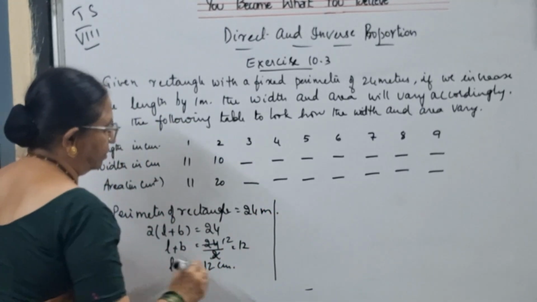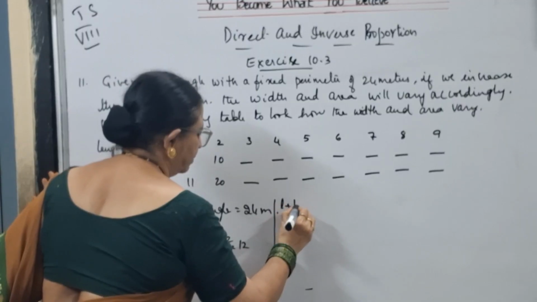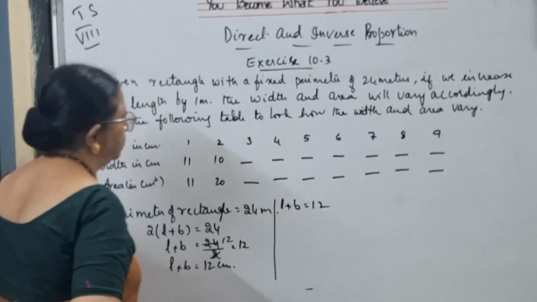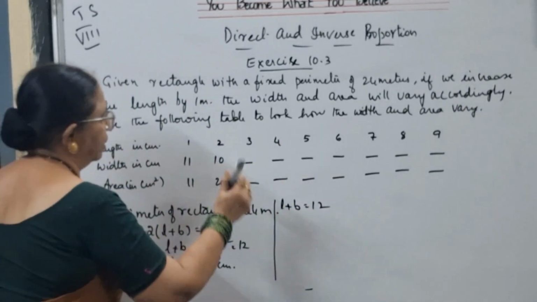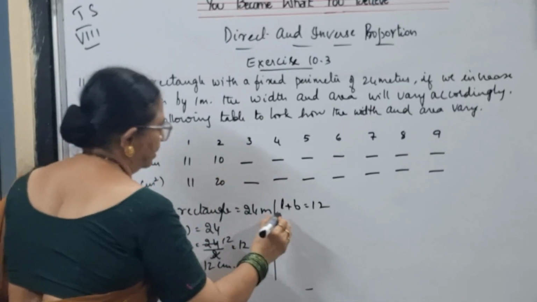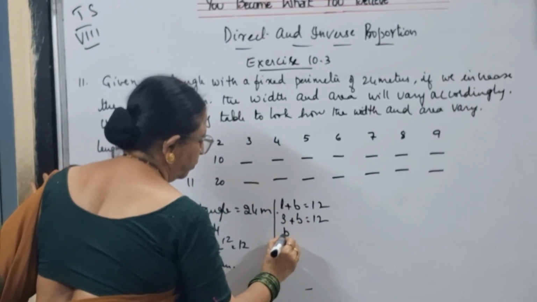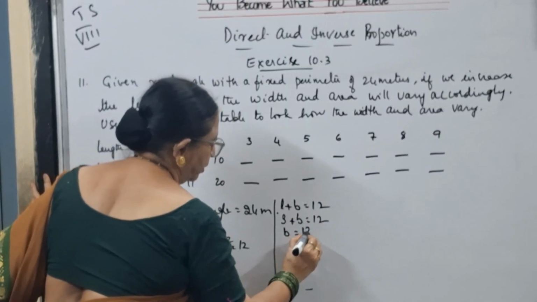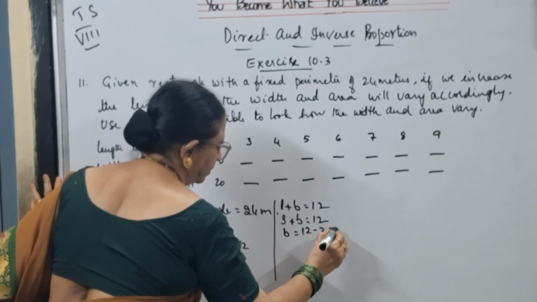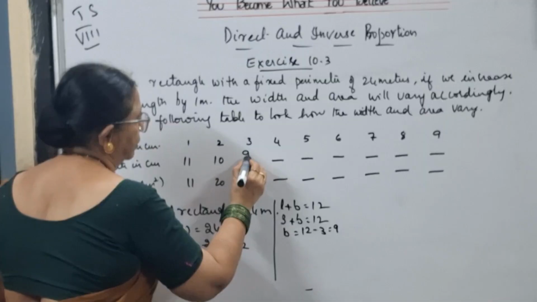We have to take this into consideration: L plus B is equal to 12. Here this is length. Length is 3, so 3 plus B is equal to 12. So what is B? 12 minus 3, that is 9.